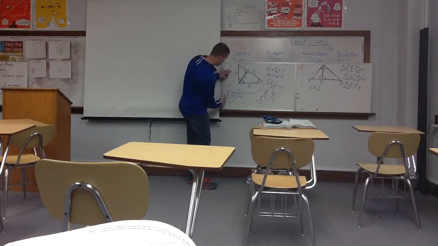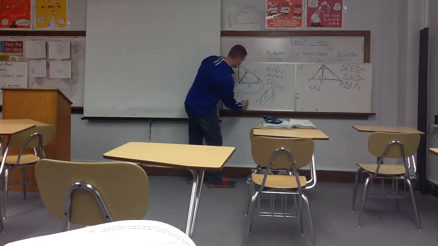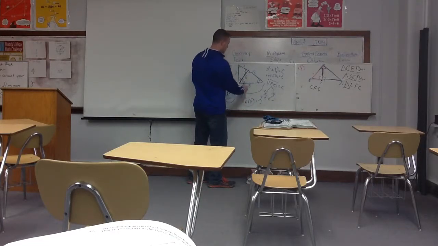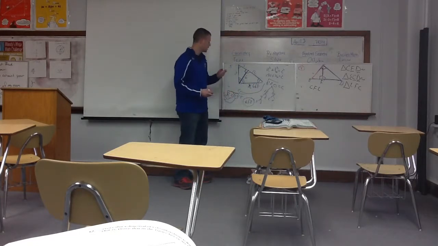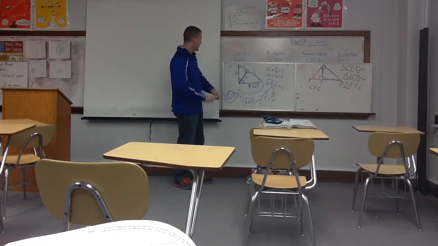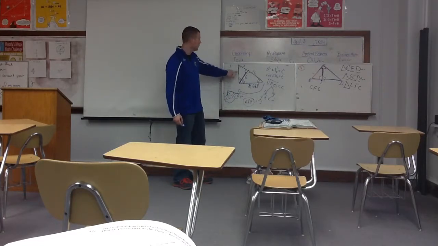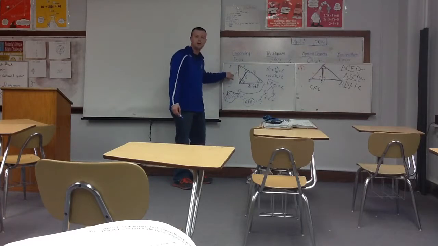So you get 2 times 3, which is 6. So we get 6 square root of 5 as our answer. So therefore, z is equal to 6 square root of 5. So now we've got 6 and 6 square root of 5. Now all we have to do is find this one, which you notice we can still use the Pythagorean theorem.